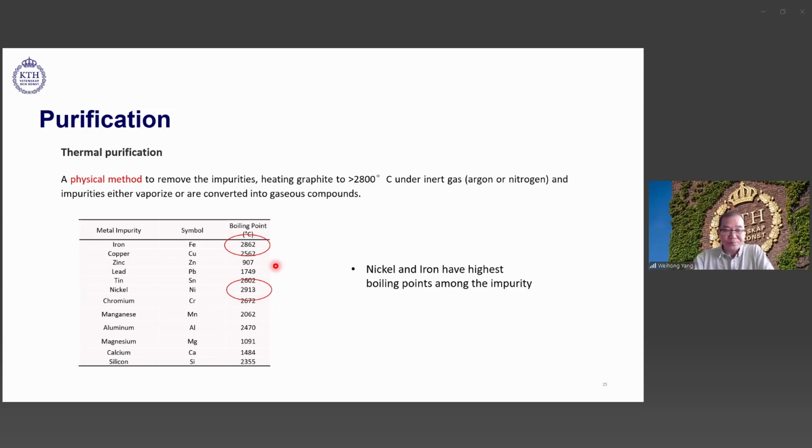Here you can see the vaporization temperatures; the highest metal vaporization temperature is about 2,913 degrees. If you go to 3,000 degrees, you can almost remove all the vapors. It's quite widely used, but the challenge is how to make an efficient furnace for this kind of thermal purification, which is also a very good topic to go on with.